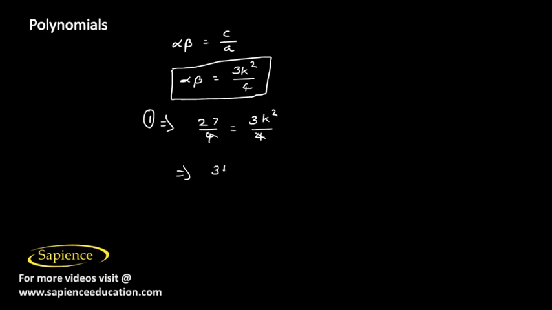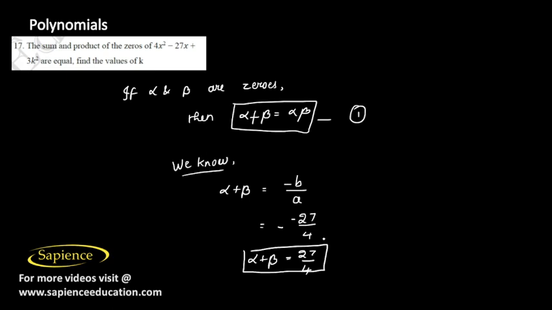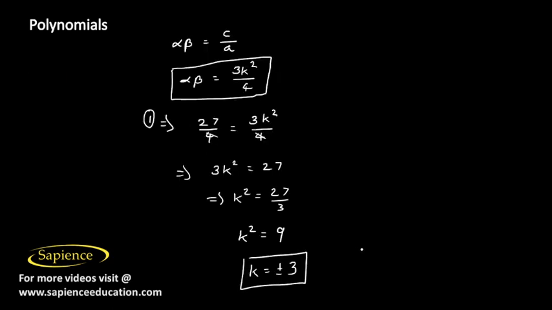That will give us 3k square is equal to 27, which means k square is equal to 27 by 3. K square is 9. So k is equal to plus or minus 3. So the values of k will be plus or minus 3.